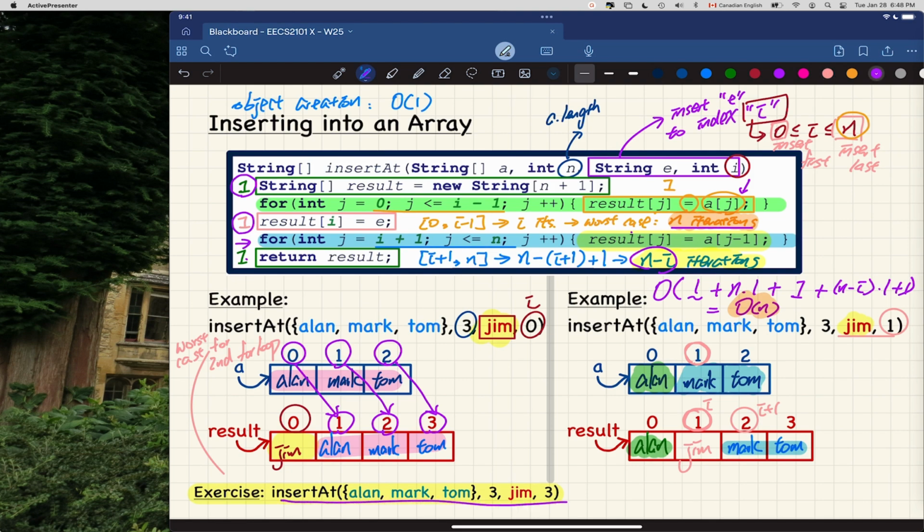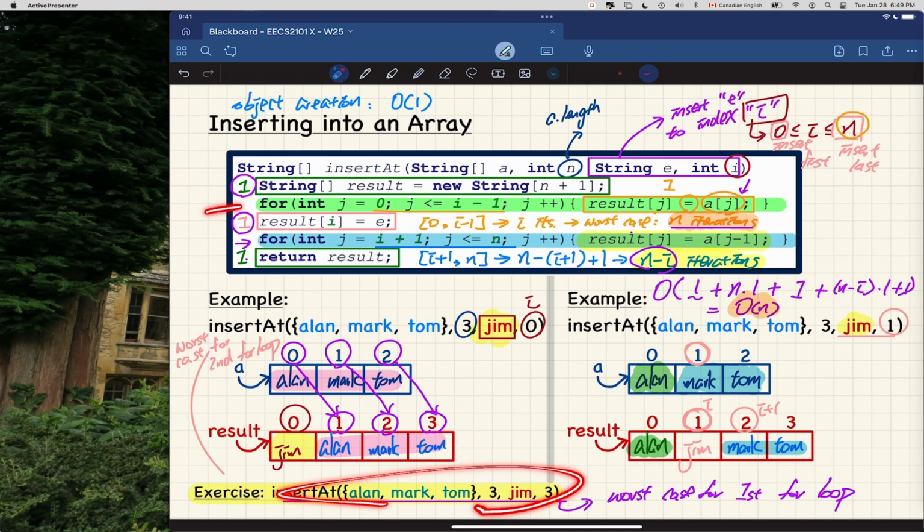And this one over here is really the worst case for the first for loop. Okay, I tell you just this one here. The reason that this will be the worst case for the first for loop, simply because you're going to do the number of copies that correspond to 3, which is the size of the input. Okay, and then as to why this will be the worst case for second for loop, I'll leave you to think about. All right, just give me 30 seconds.